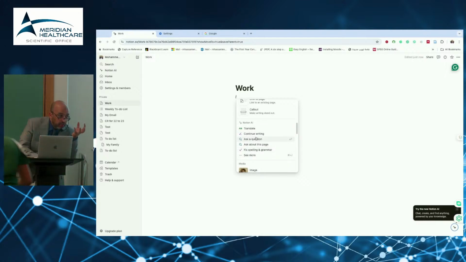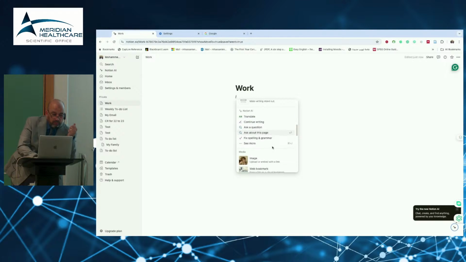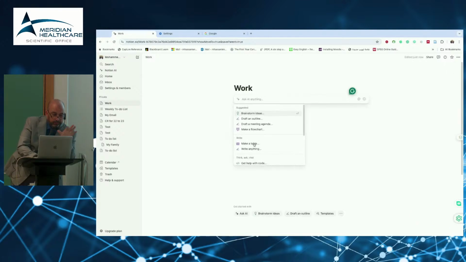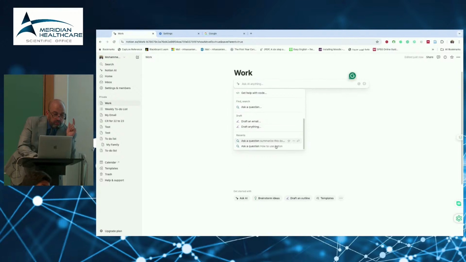So it is another chatbot inside Notion AI. You can translate, continue writing, ask a question, ask about this page, fix spelling and grammar. Many options are available through AI: brainstorm, draft an outline, draft a meeting agenda, make a flow chart, make a table, write anything, even draft an email, draft anything. All of these are through AI.